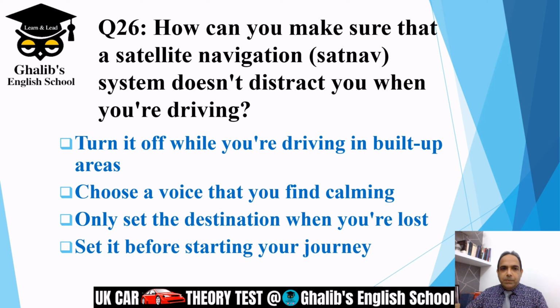So the options: turn it off while you are driving in built-up areas, choose a voice that you find calming, only set the destination when you are lost, or set it before starting your journey. So the correct option is set it before starting your journey. You need to put in the correct postcode so that it's not going to confuse you and it will take you to your destination.